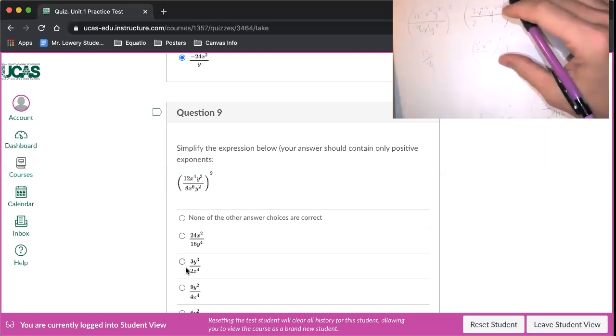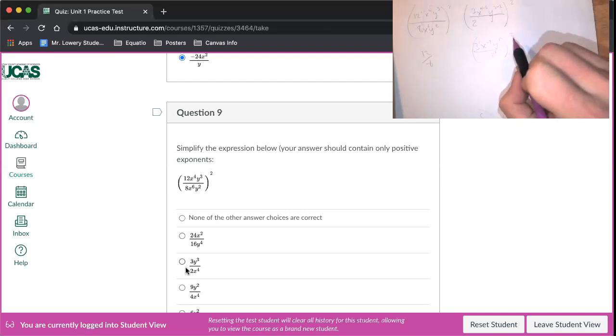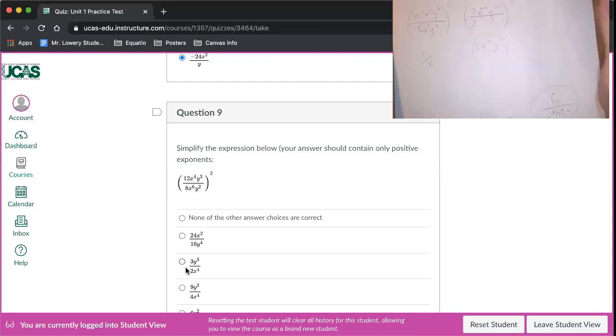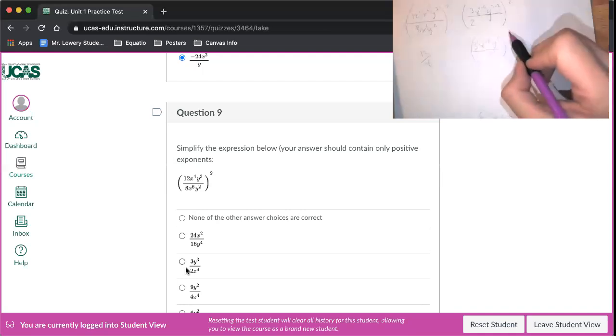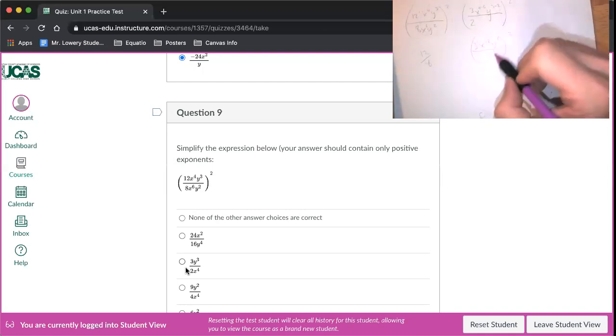A lot of people call this distribution, right? Distribute the 2. I try not to call this distribution, or if I do say distribution, I like to say quote unquote distribution, because it's not really distribution. It's the power of a product and the power of a quotient property, okay? But the exponents are going to multiply, but don't do 2 times 3 and get 6 and 2 times 2 and get 4.